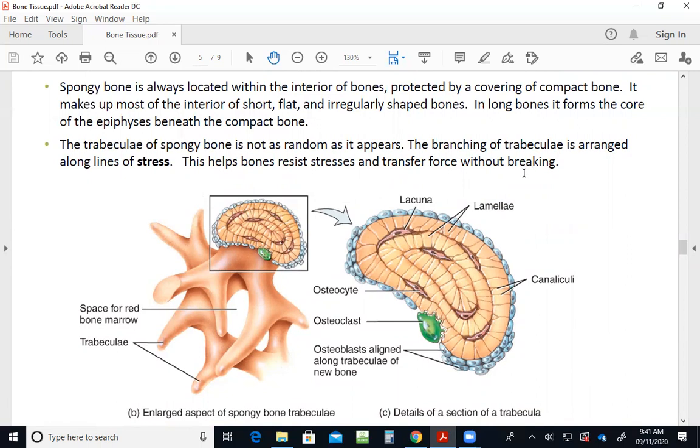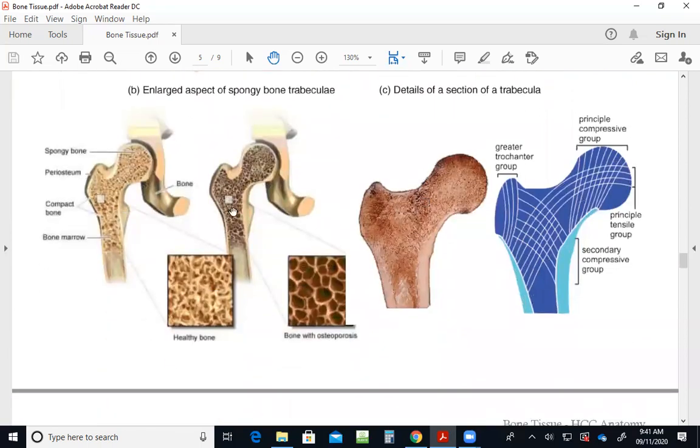It's like how we talked about those dermal collagen fibers in our skin running in a specific manner. Same way with our spongy bone. And down here on the bottom left is an illustration of the same bone and what can happen with osteoporosis. You hear a lot of times, grandma or grandpa falls and breaks their hip.